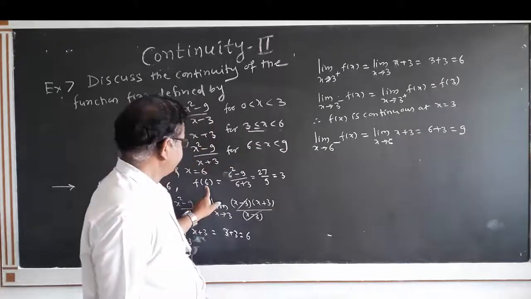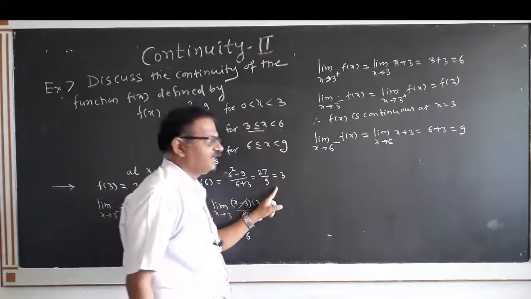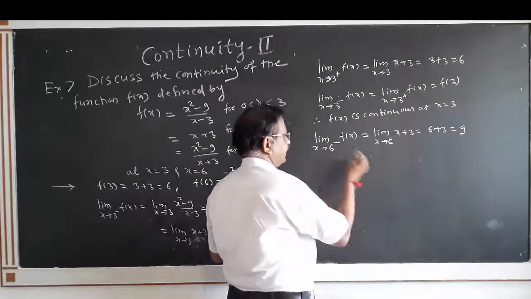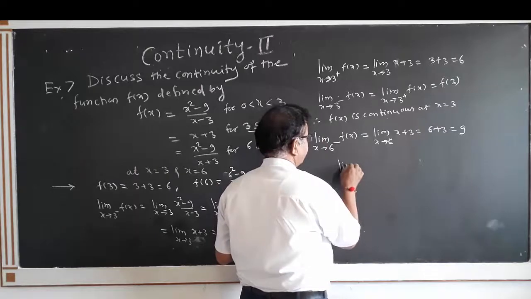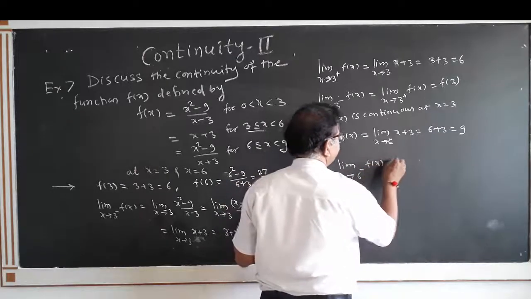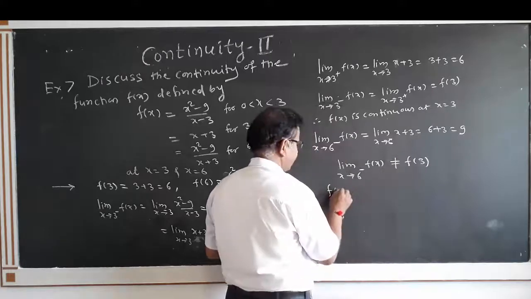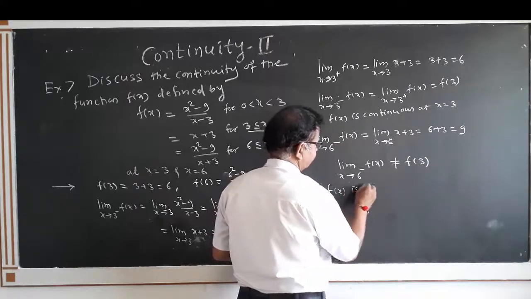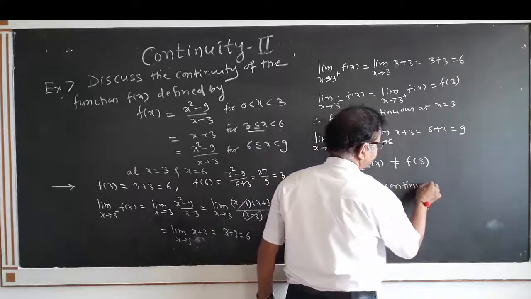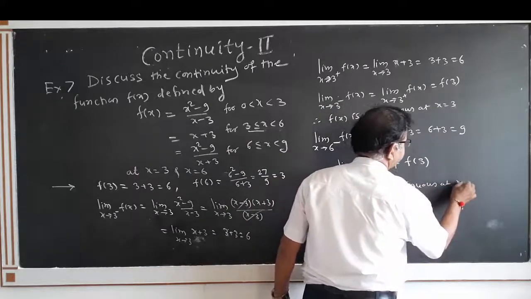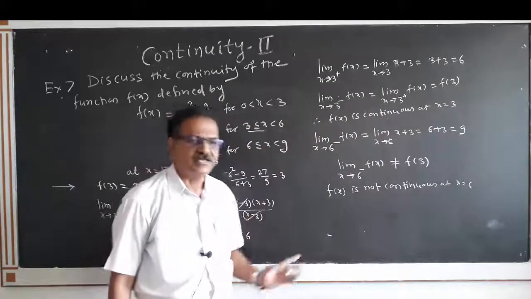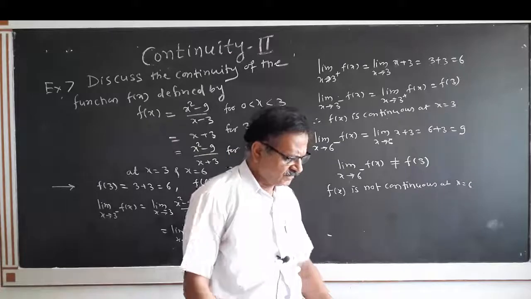Value of f of 6 is 3. Therefore, no need of calculating the value of right hand limit. Therefore, limit x tends to 6 minus of f(x) is not equal to f of 6, so f(x) is not continuous at x equal to 6. Thus, f(x) is continuous at x equal to 3, but it is not continuous at x equal to 6.